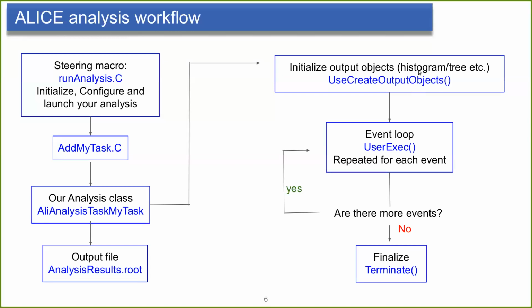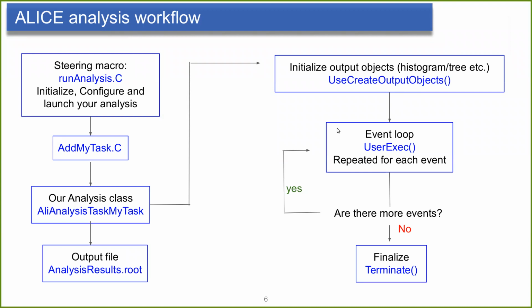For example, in your output ROOT file, if you want to get some histogram, tree or profile, you need to initialize those output ROOT objects in this function, UserCreateOutputObjects. Then we call our UserExec.